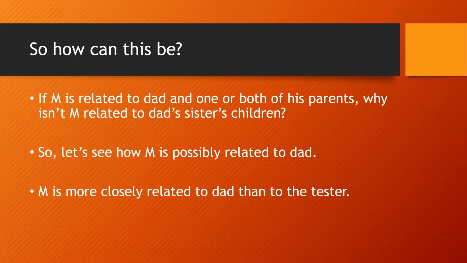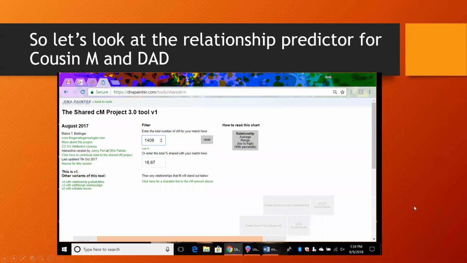So cousin M is more closely related to dad than to the tester. So we're going to put cousin M and dad into the shared centimorgan project. So you can see here cousin M and the tester's dad have 1,408 centimorgans in common. That's a lot. And the total match is almost 19% match.